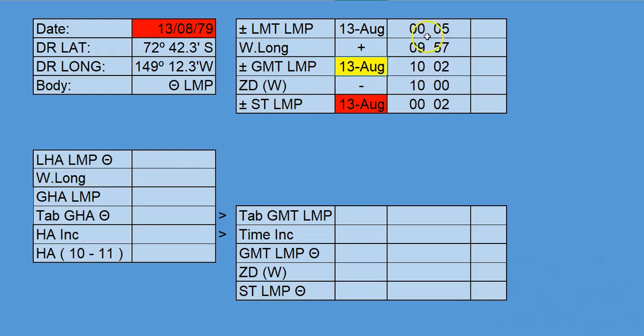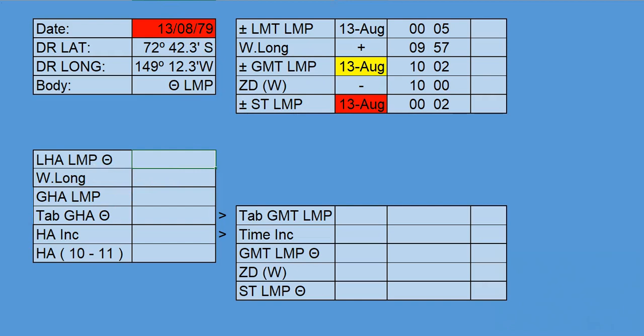If there was a date change and this was the 12th or the 14th, then that would have been the date we used when we entered the table to find GHA. In this case it's not really important, but I'll leave it yellow in any case to distinguish between the two.